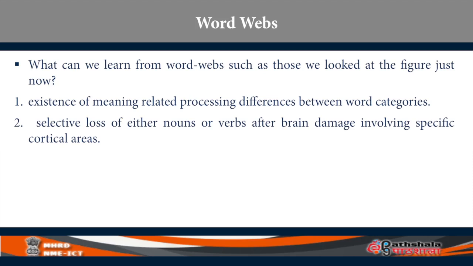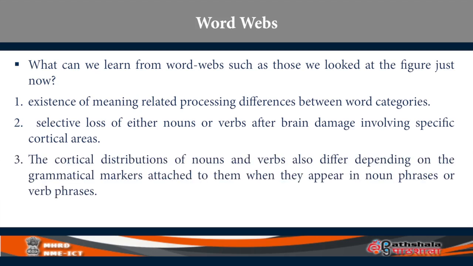If verbs involve motor cortex in the frontal lobe, we can study what happens when motor cortex is damaged in a brain damaged patient. Are the verbs lost independently of nouns? Is there more selective damage to verbs much more than nouns? That is what neurolinguists do.